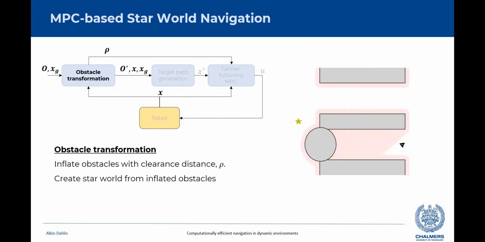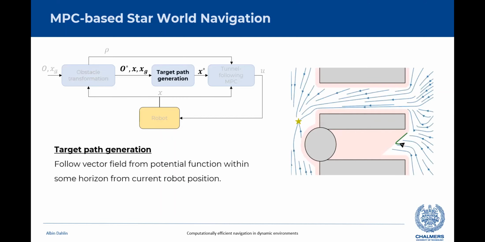Next, a star world is created based on these inflated obstacles using the algorithm I just presented. And in this star world, we use a potential field so that we have guaranteed convergence towards the goal.